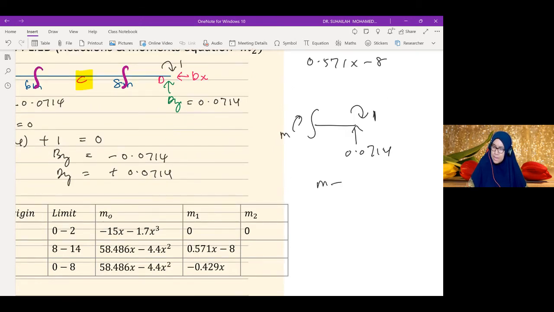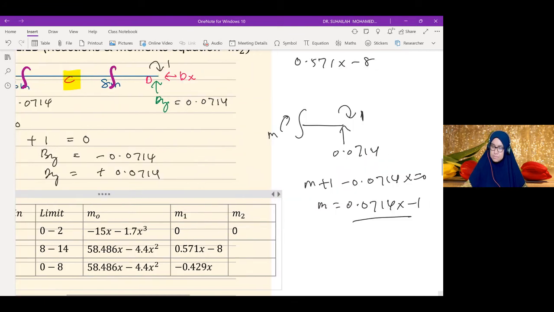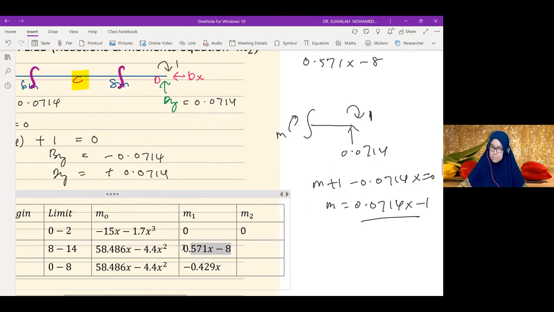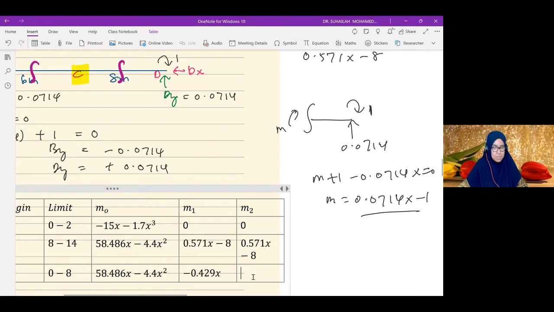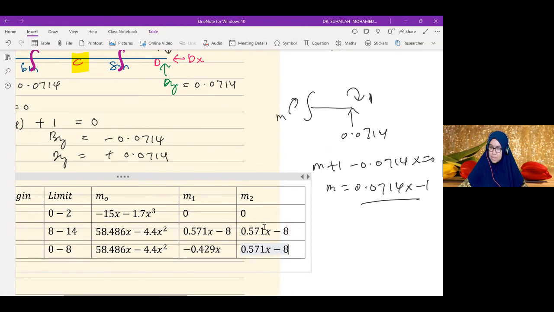So it is m plus 1 minus 0.0714x equal to 0. So m is equal to 0.0714x minus 1.